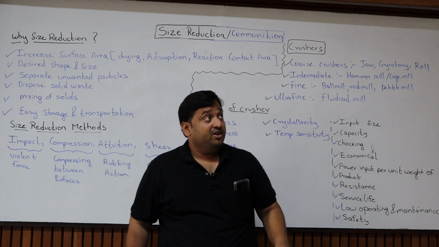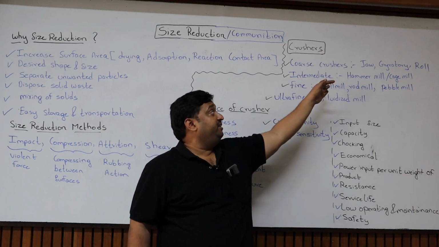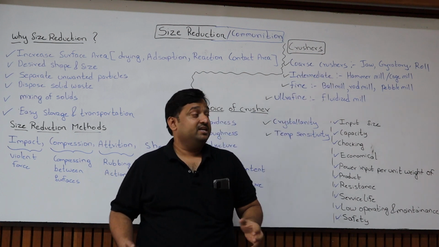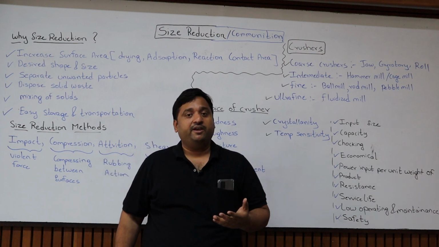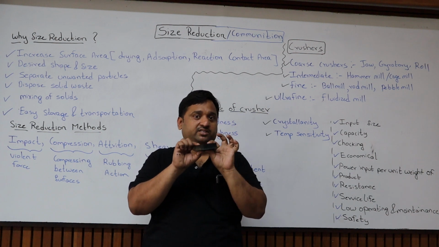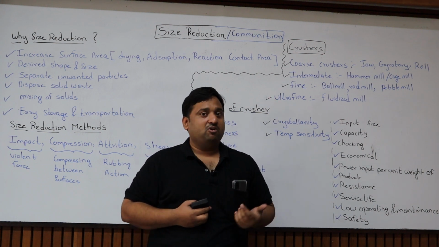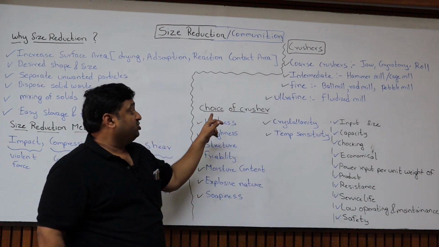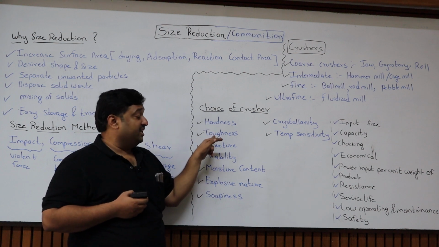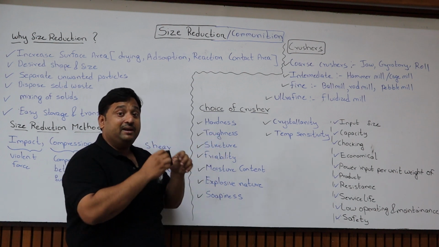And what is the choice? How can I go for the different crushers before I start? If I take any particle, I have to look at its properties. Depending upon the properties, I can choose different kinds of mills or crushers. Choice of a crusher depends on hardness, toughness, structure, crystalline nature, and friability, the ability to get fractured.